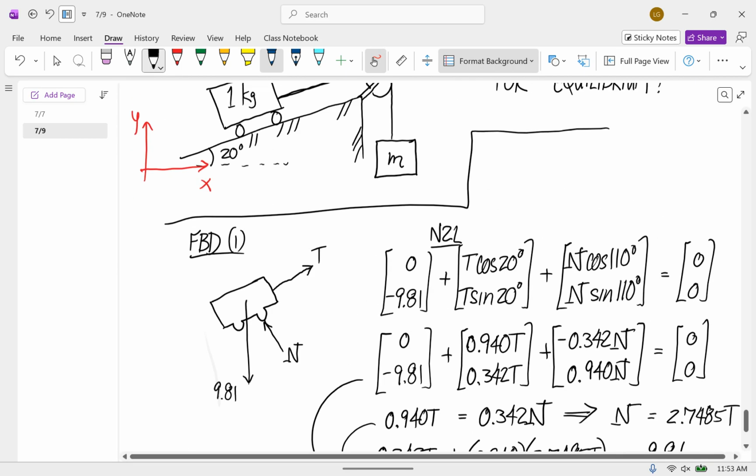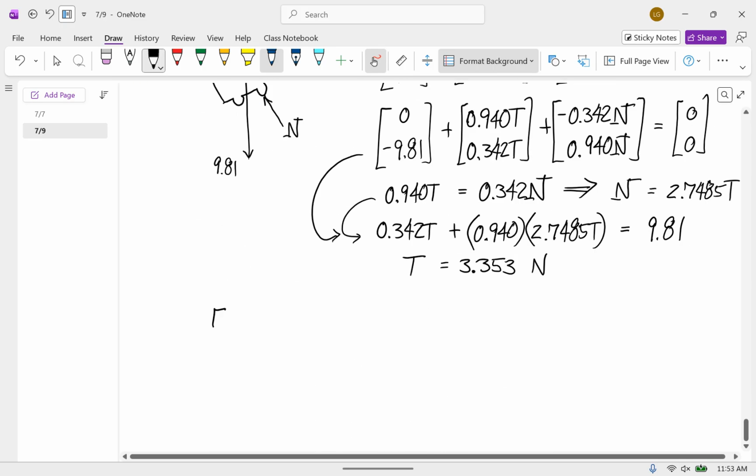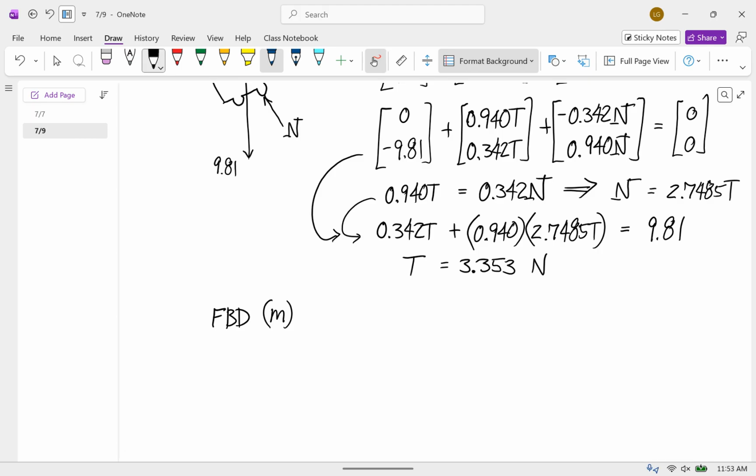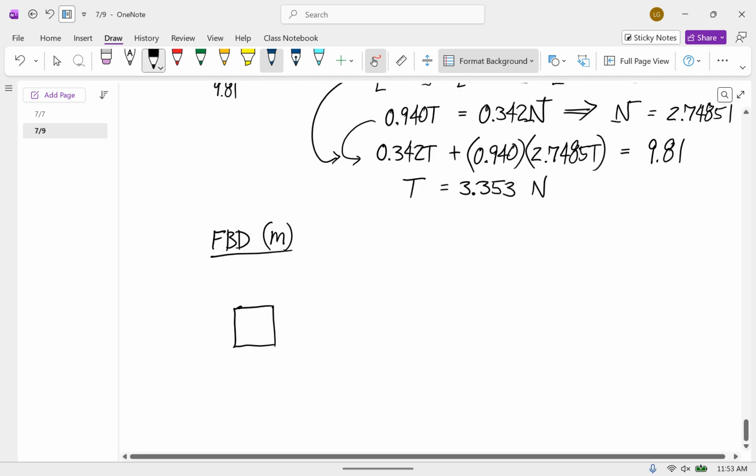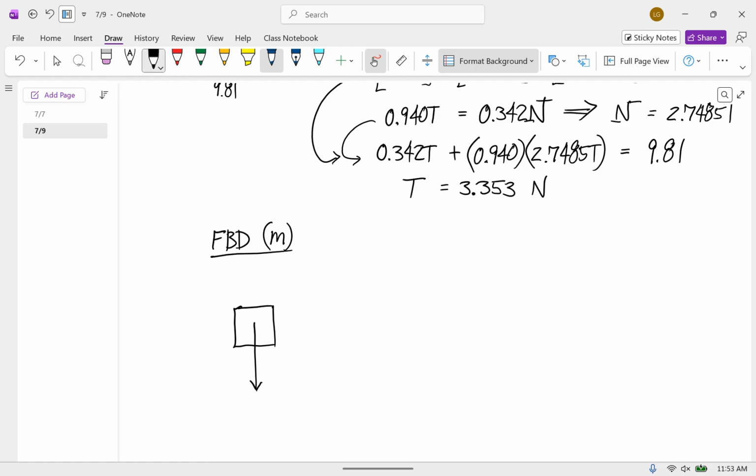And now we'll go to a free body diagram of the mass m. Okay, so we don't know the mass. We're trying to calculate that. So the weight force is going to be 9.81 times m.